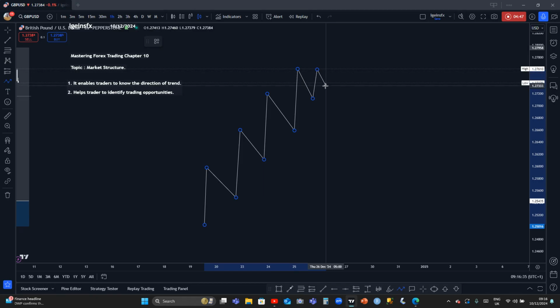Then the market will have a pullback. We have a pullback, then a push to the upside. This time it will not get to this point again. Then another thing you will now see is for it to start breaking this structure to the downside.